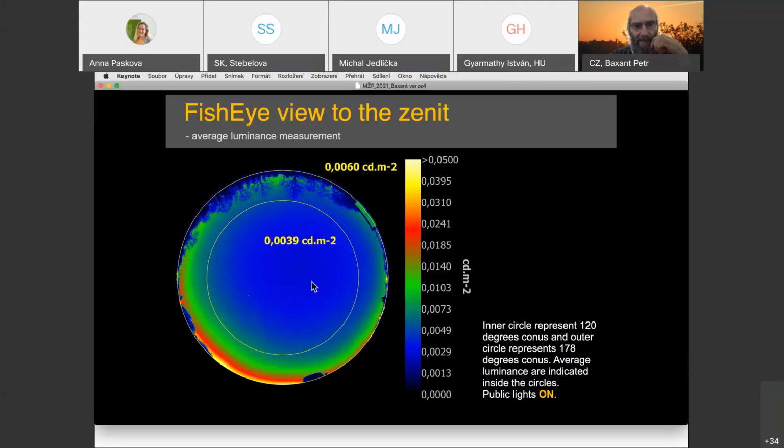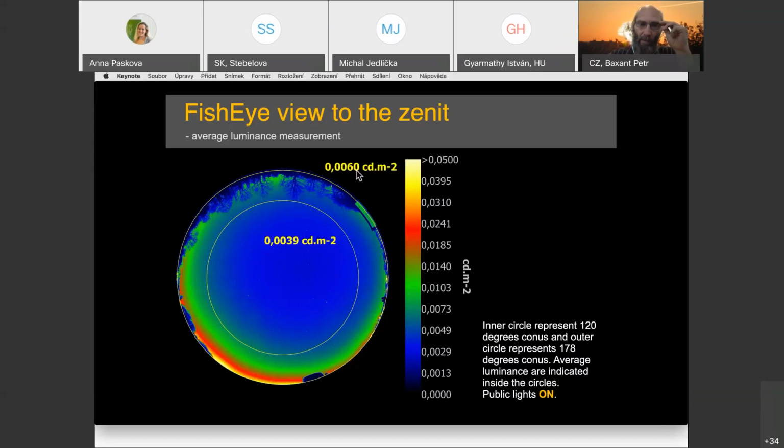So in the inner circle it is just 0.0039 candela per square meter, and if we use the bigger circle, we measure a luminance of 0.0060 candela per square meter. It looks like very small luminances compared to the luminance of the moon.